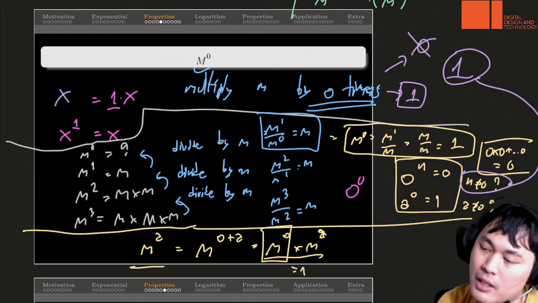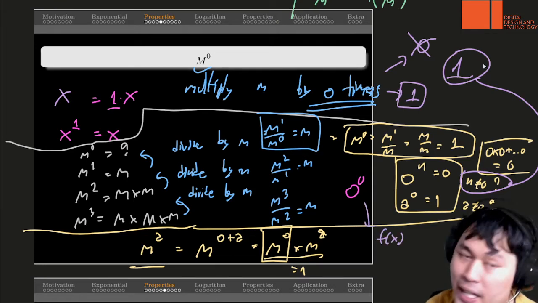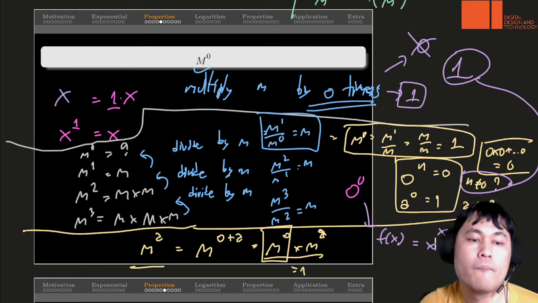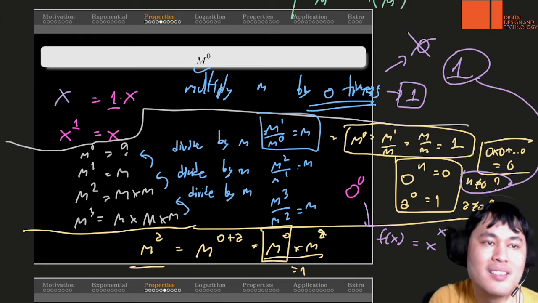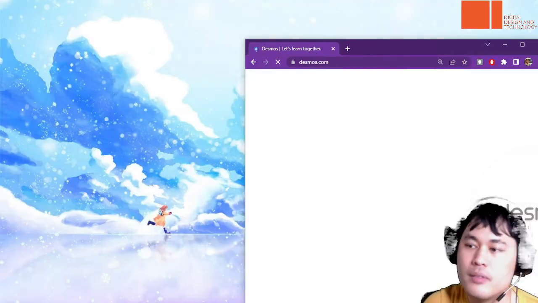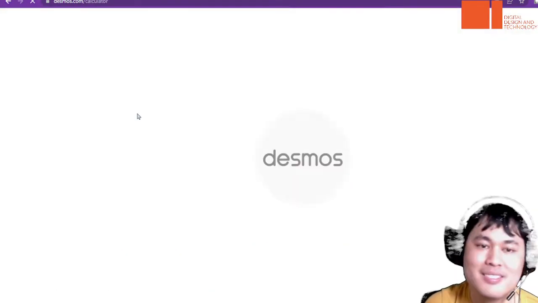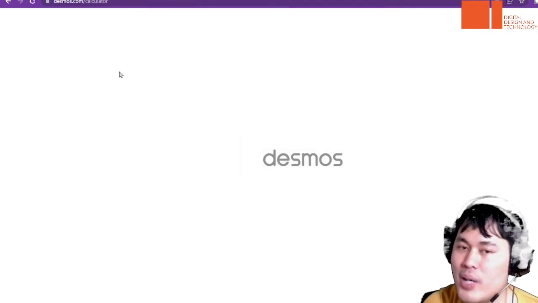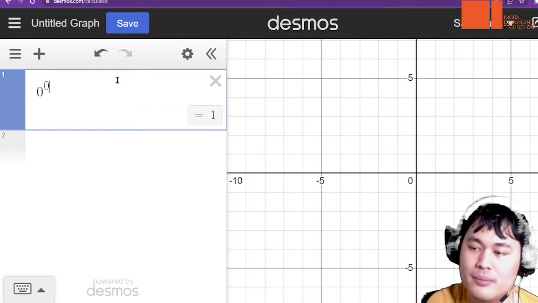Oh, and also, if you are not convinced, you can use your calculator to compute or to graph the function x to the x. Let's see if I can pull that up real quick. So, Desmos. Go to Desmos and that settles it once and for all. Does it give you 1 or 0 for 0 to the power of 0?